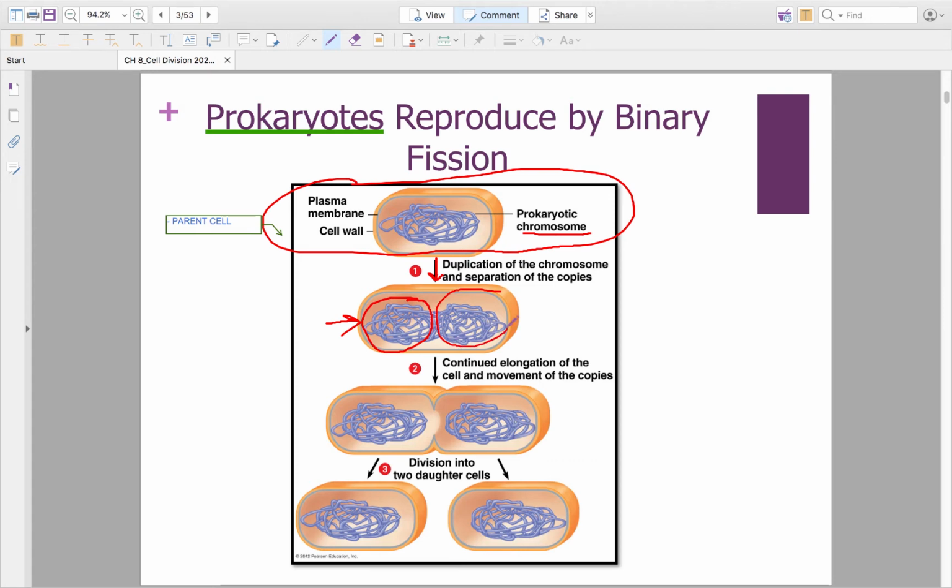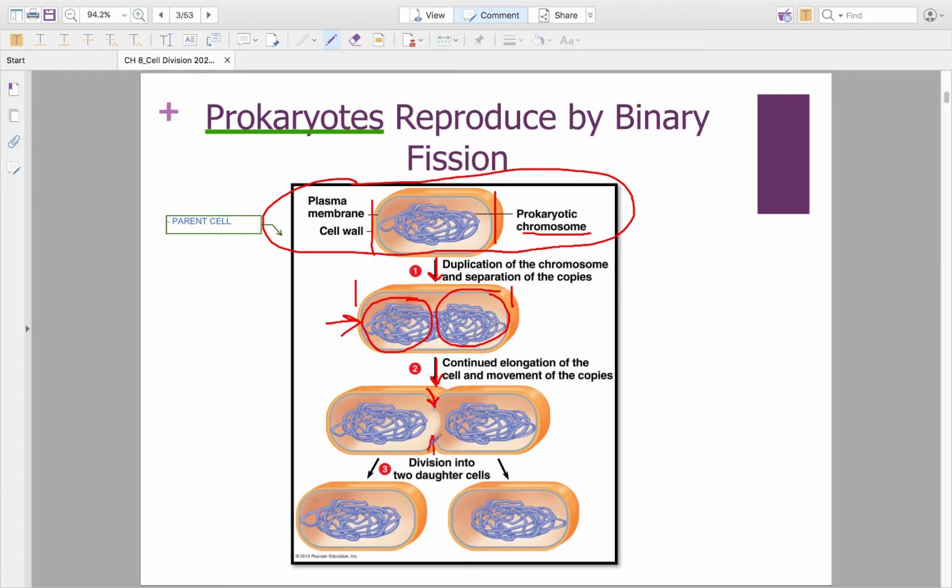And on top of the duplication of chromosomes, the actual cell itself has to grow. So it's growing in length. See how long it is compared to the original parent cell? It'll continue to elongate, and then it'll start to split. See how it's making this kind of inversion?